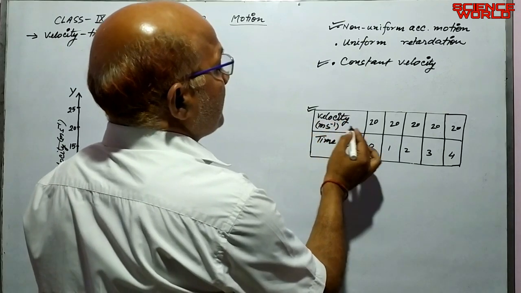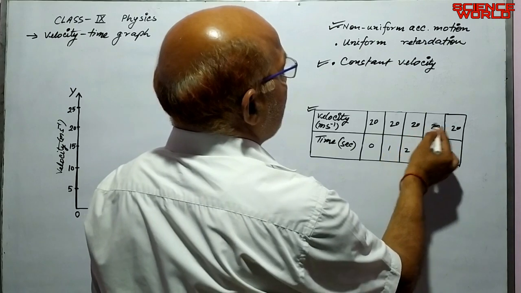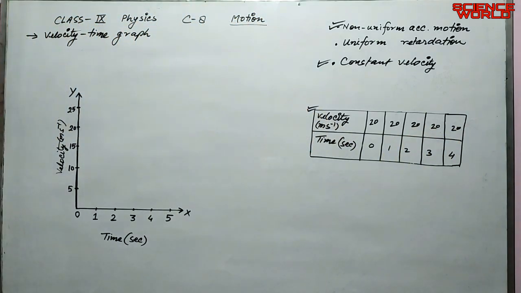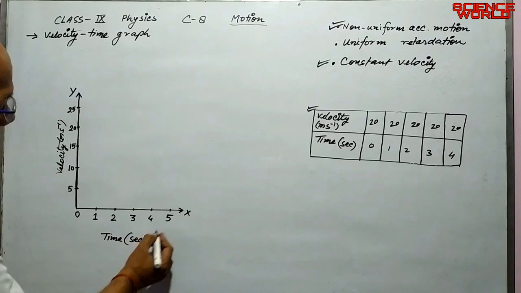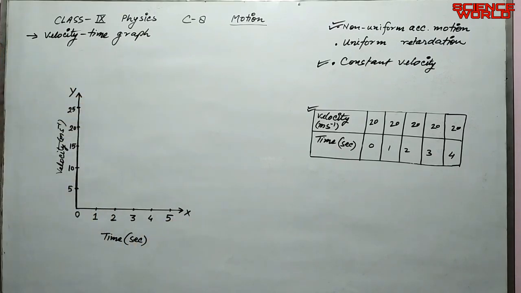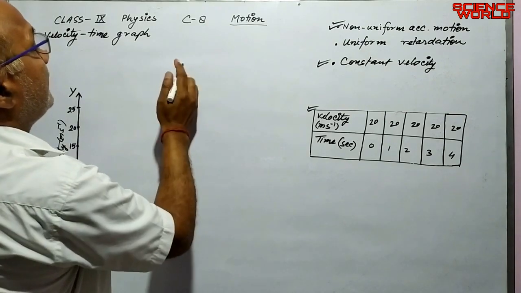Velocity in meters per second, 20 meters per second, again 20 meters per second and so on. So for this data we can plot a velocity time graph. In this graph, time is taken on the x axis and velocity on the y axis. We will consider a suitable scale.